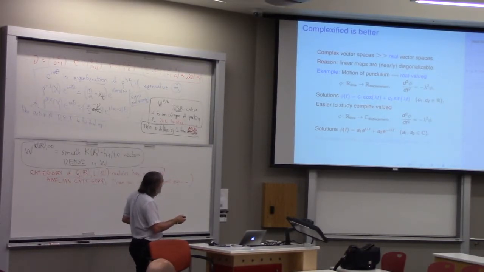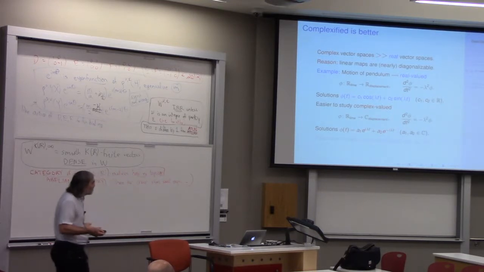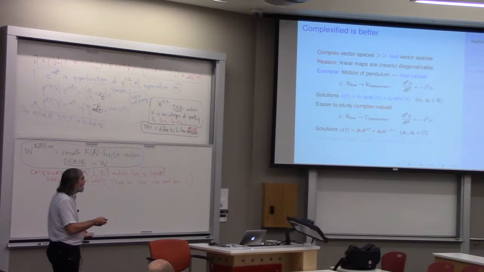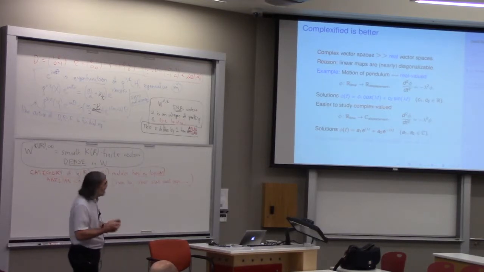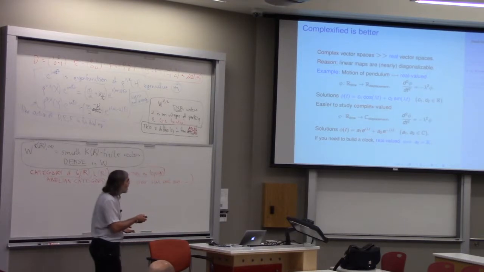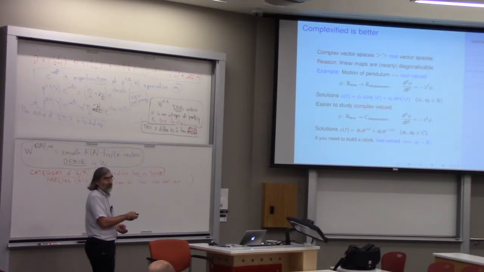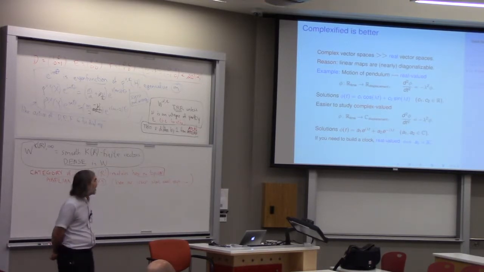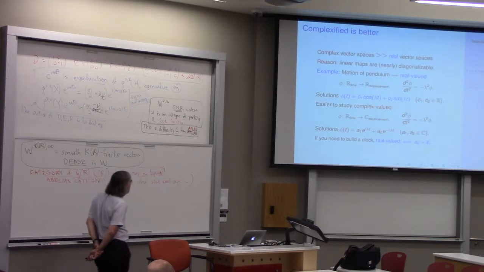It's easier to arrive at this than to arrive at that. And once you know these complex solutions, it's easy to identify the real valued ones inside. The condition to be real valued is that the second coefficient is the complex conjugate of the first one. So complex is better.